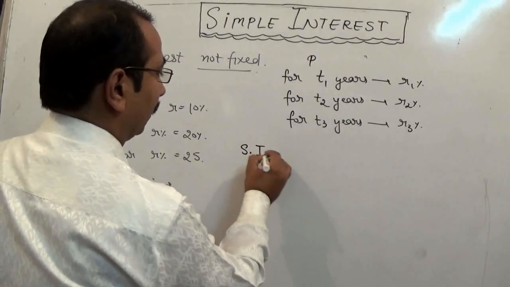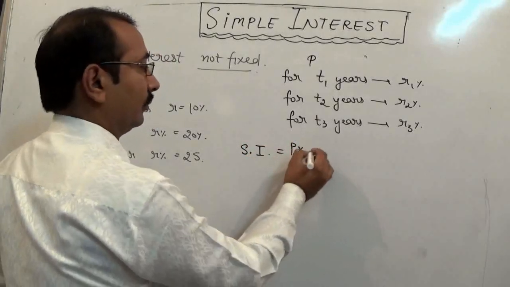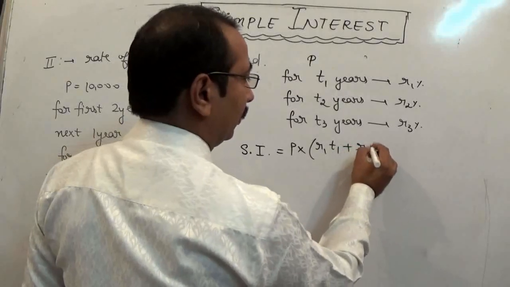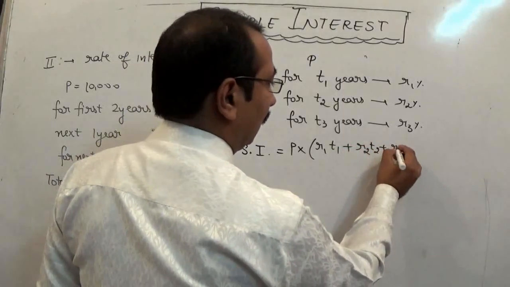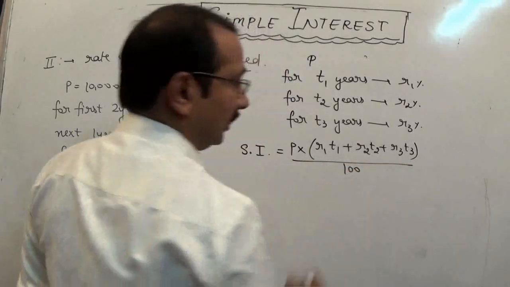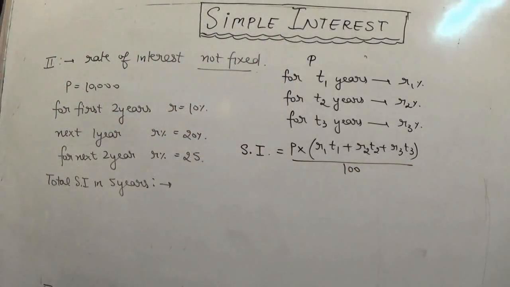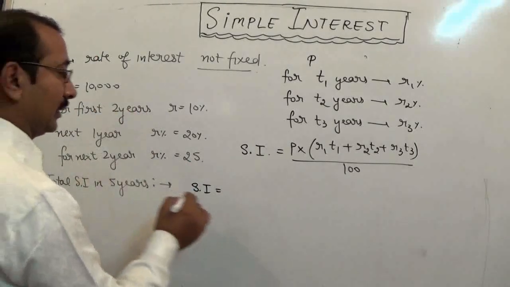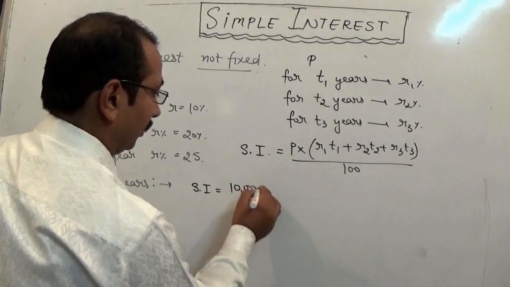So simple interest is equal to P into (R1 into T1 plus R2 into T2 plus R3 into T3) upon 100. So in this question, the simple interest is, my principal is rupees 10,000.